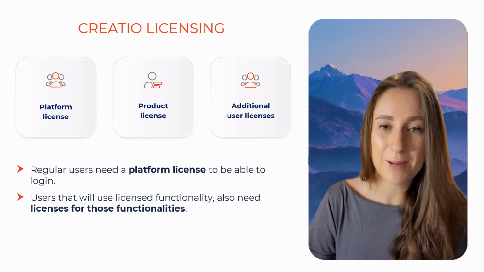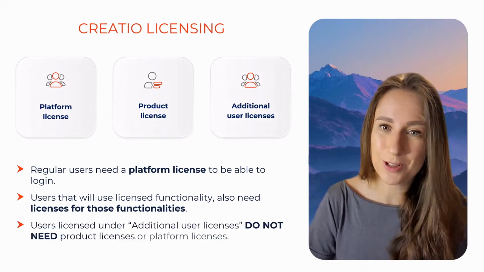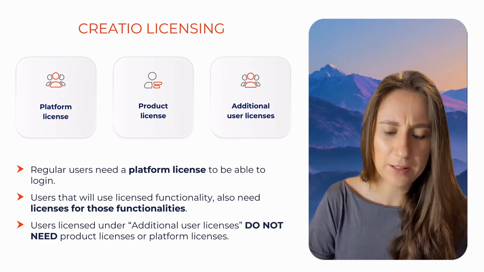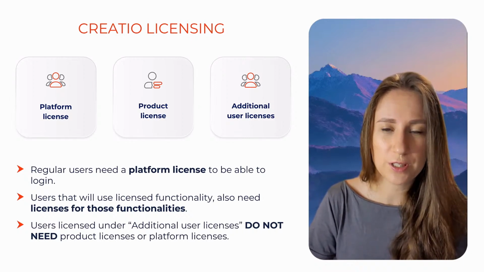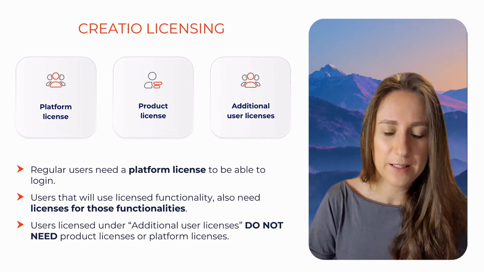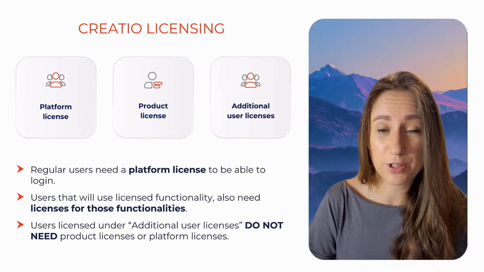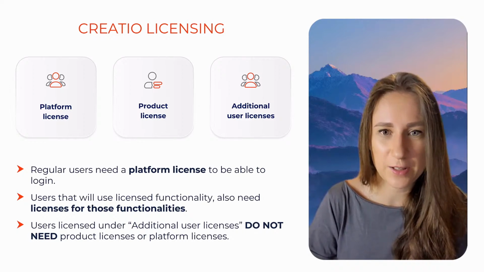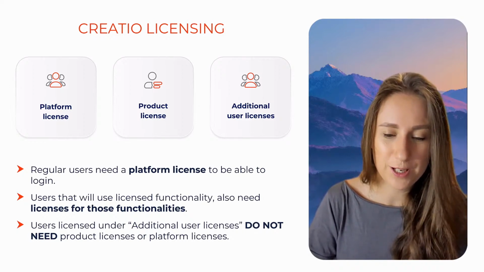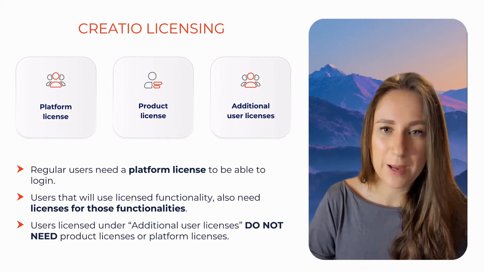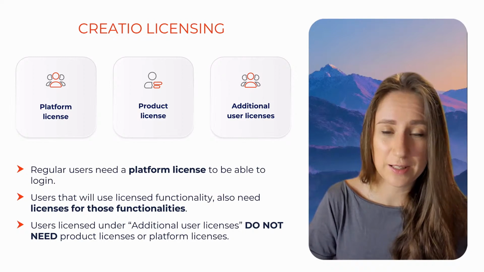However, if we talk about additional users, they don't need the product licenses. Additional users basically don't need your platform license. So the additional user license is kind of like a standalone. Once you have your full users, for your additional users you basically just pay for that additional license. So the additional license is only one price. It doesn't consist of two.